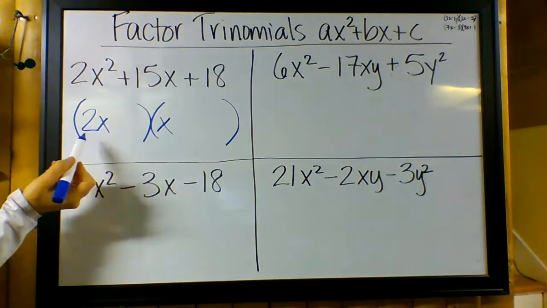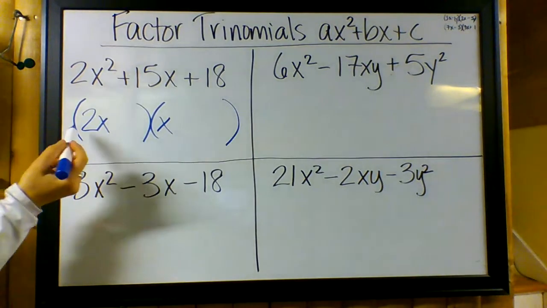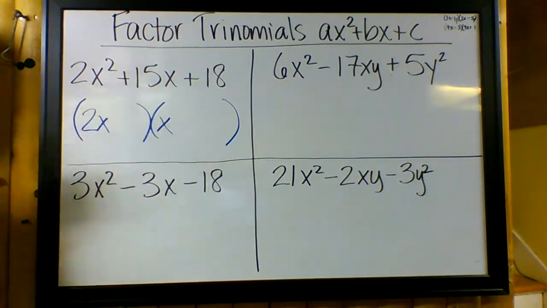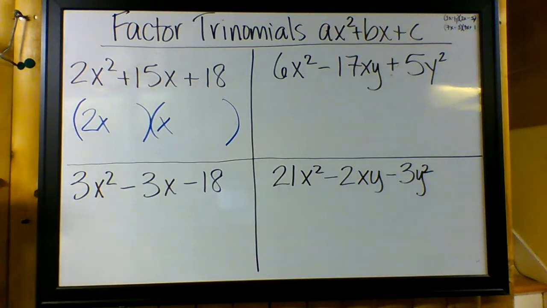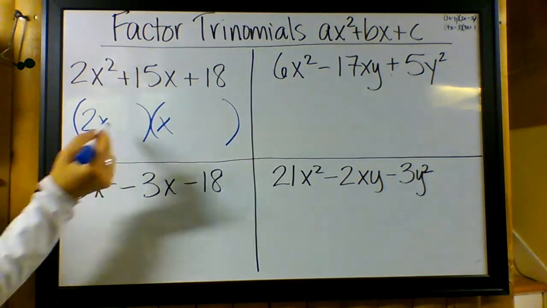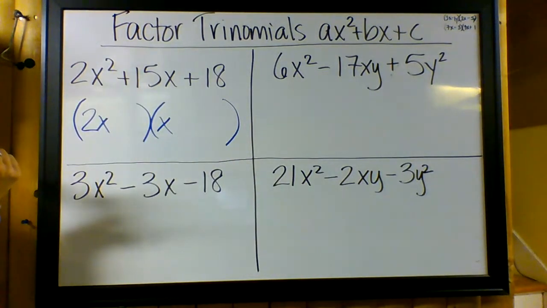And it's fine if you put x first and 2x second. But nothing else can go here, because 2x times x is 2x squared, and that is prime. So now we get to look for factors of 18 that will FOIL and give us 15x in the middle.